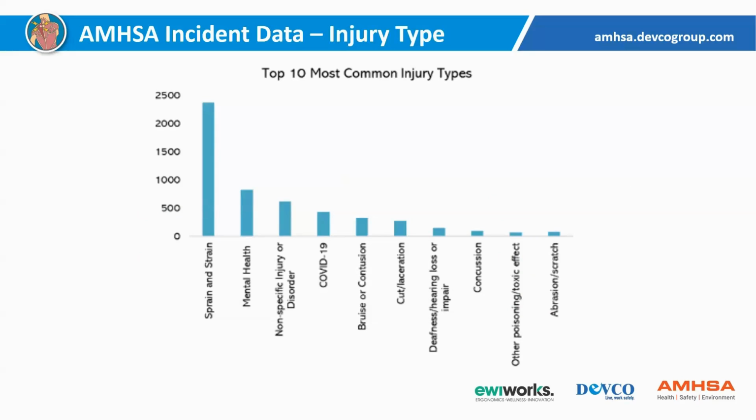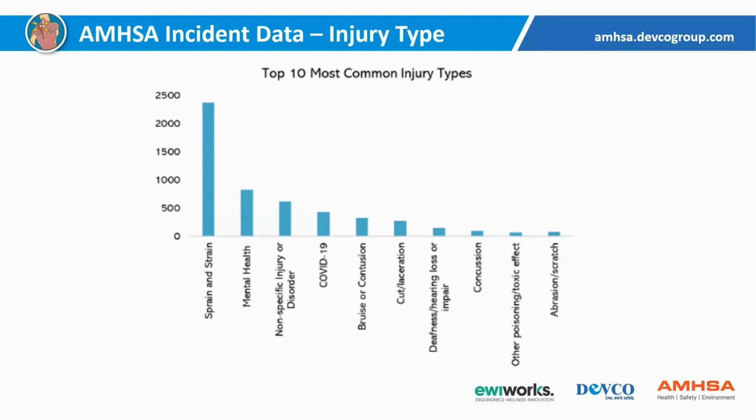Okay, so the next slide I want to look at is the 10 most common types of injuries. And this is by number of injuries. So again, top one here, sprains and strains. That makes sense. It's going to align with what we've talked about previously.